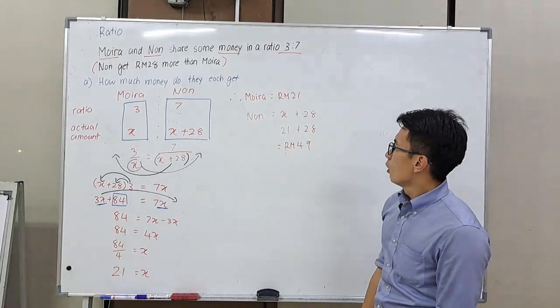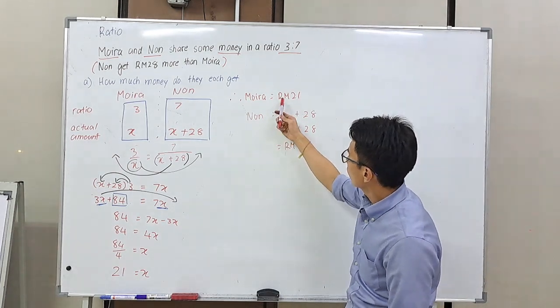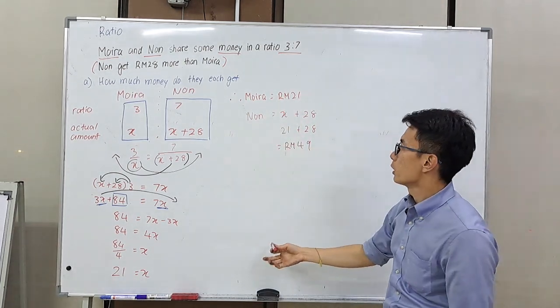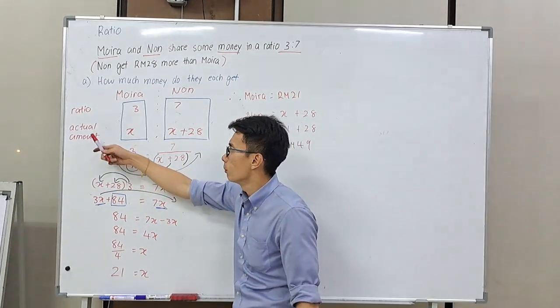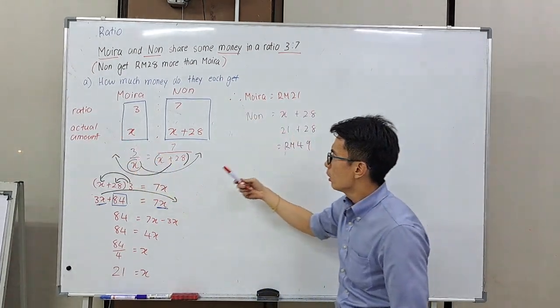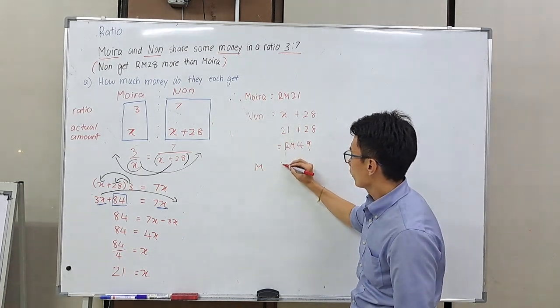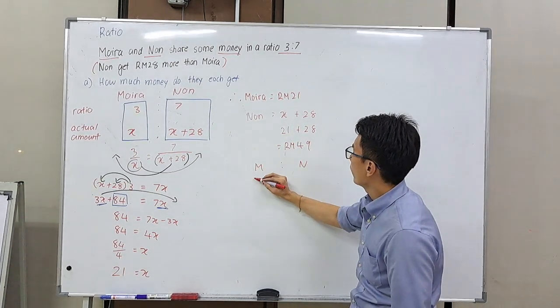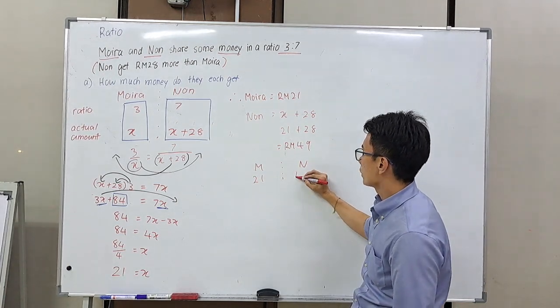Of course, we are done with this question already. But this is just something extra, in case you want to know more about this actual amount and ratio. Moira gets 21 ringgit, and Non gets 49.